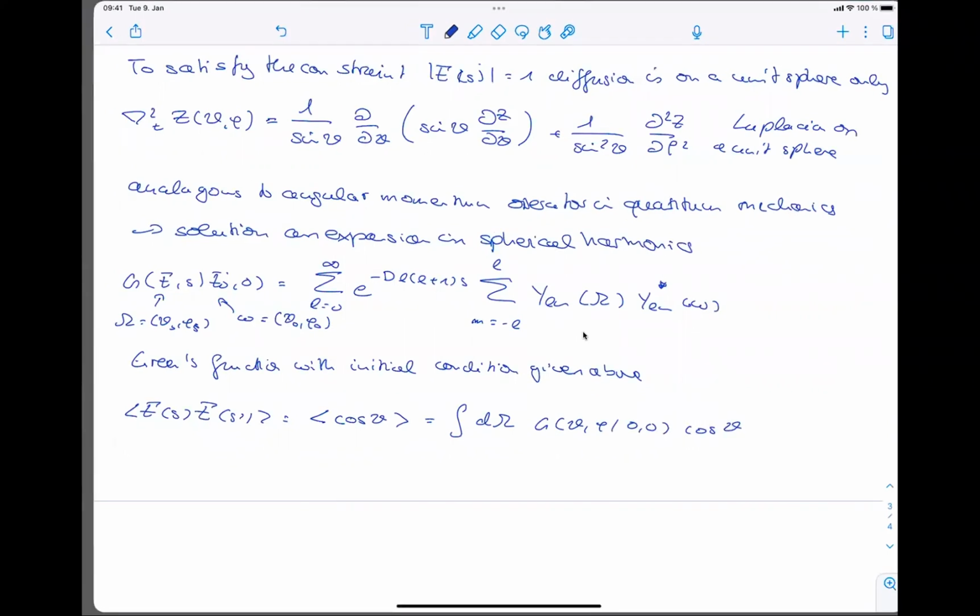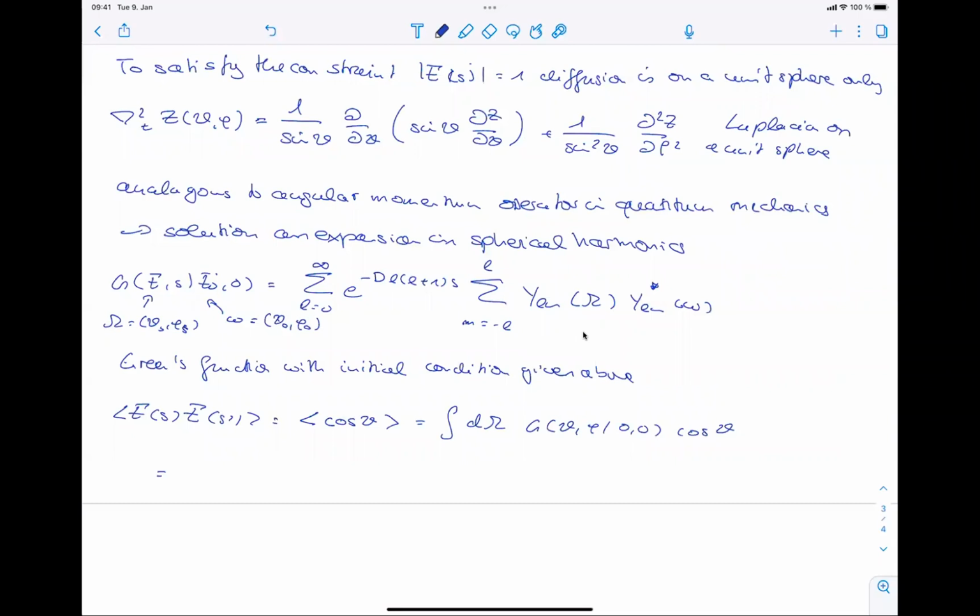It's particularly easy in this case because we can identify that the cos theta is related to the spherical harmonic of L equal 1 and M equal 0, which is given by a half square root of 3 over pi cos theta.